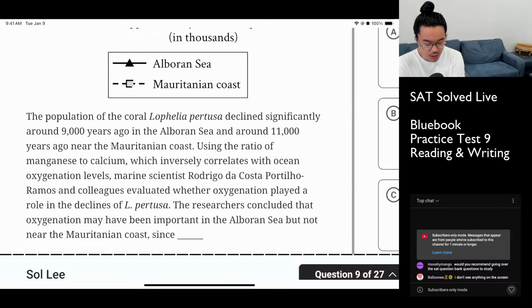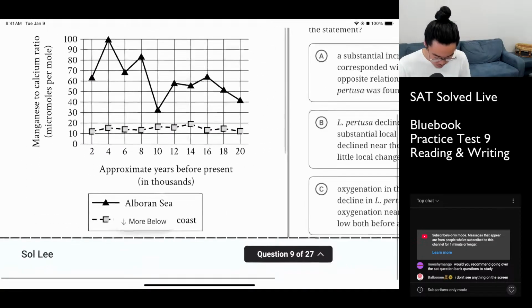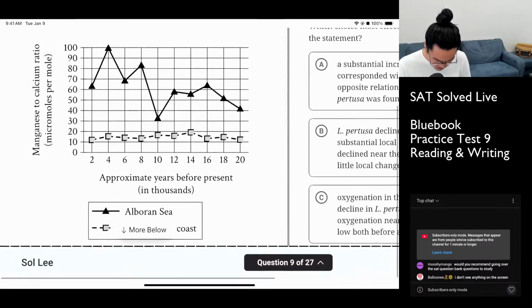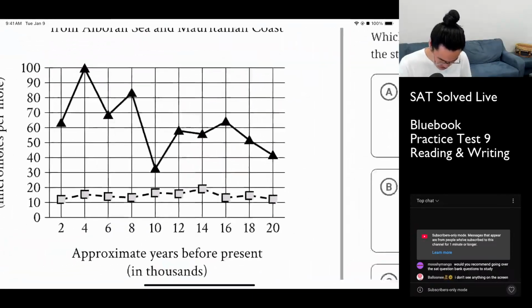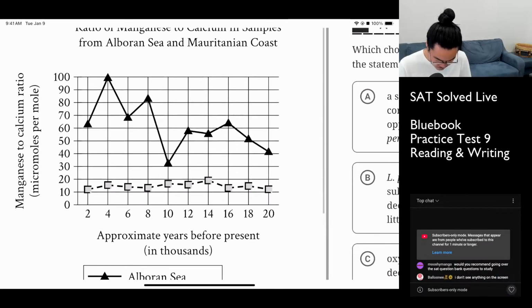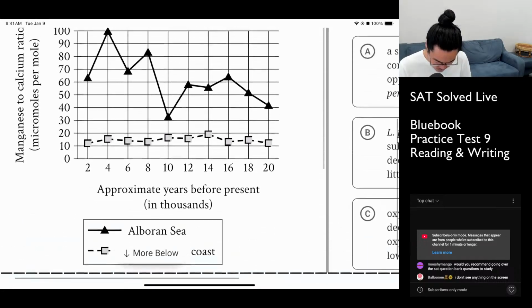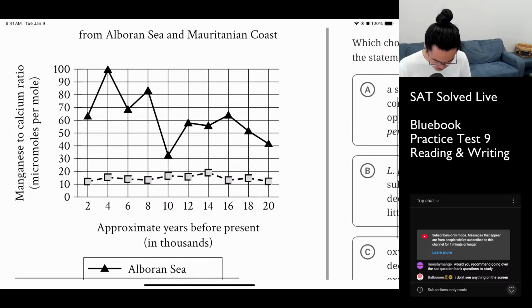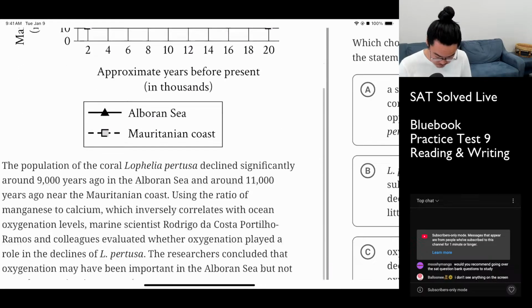The population of L. pertusa declined about 9,000 years ago in the Alboran Sea and 11,000 years ago near the Mauritanian coast. Now, what the heck? Dude, this zoom is awful. Okay. So Alboran Sea is 9,000 years ago. That is when manganese was shooting up. Okay.